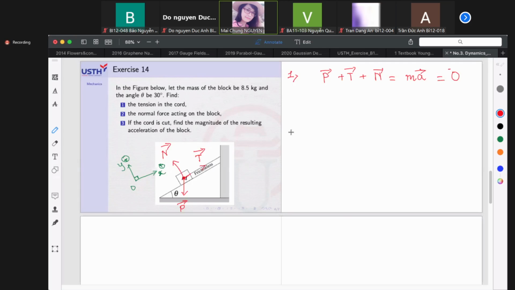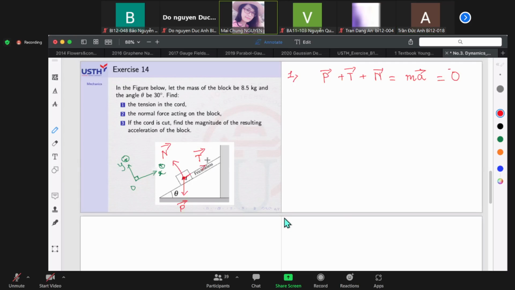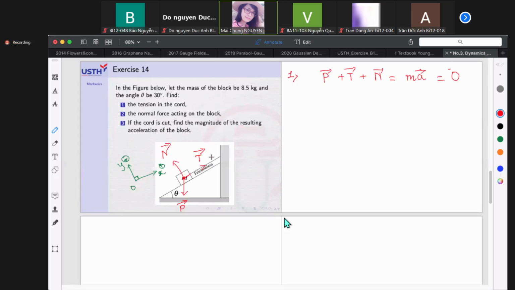Now the first question requires us to find the tension in the cord. How to find it? To find the tension, we consider all forces on the OX axis, right?